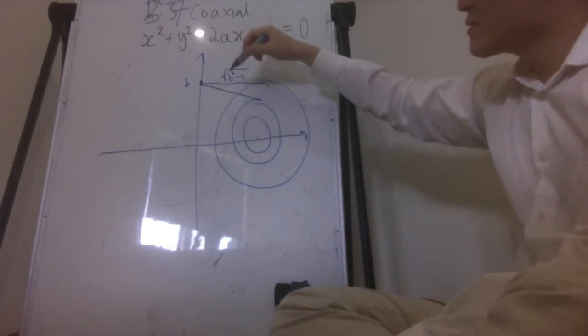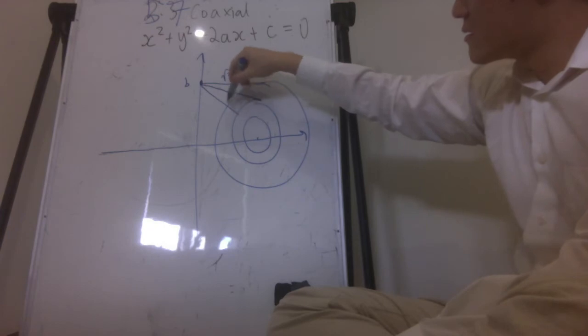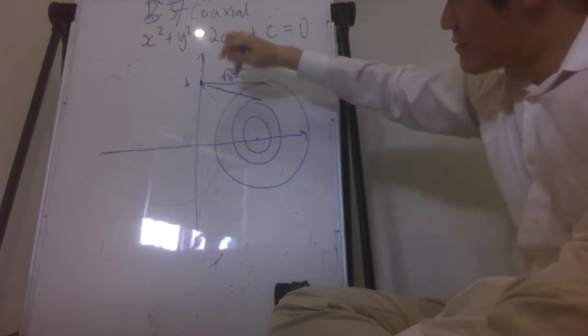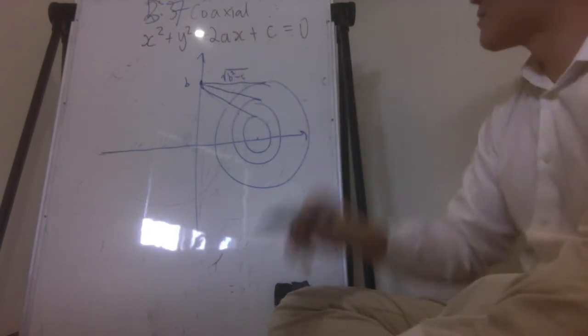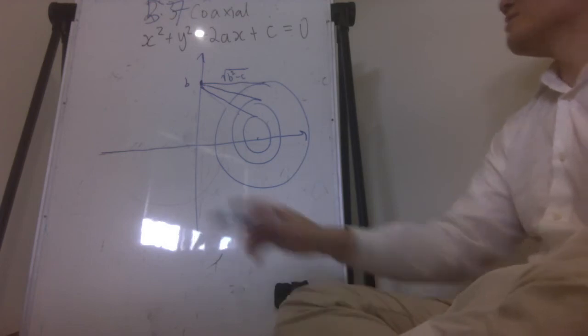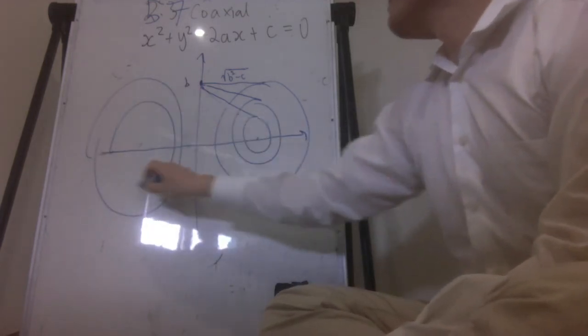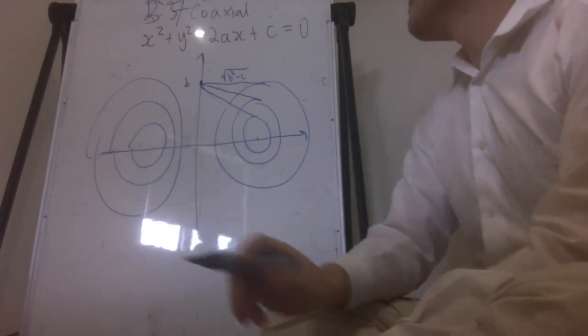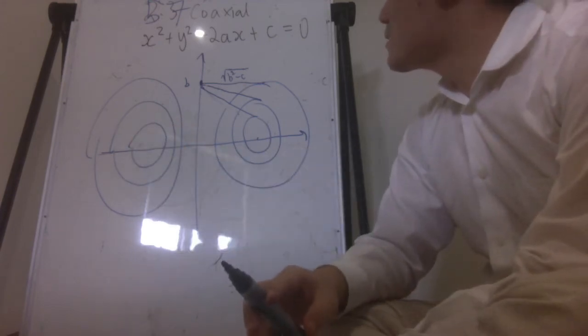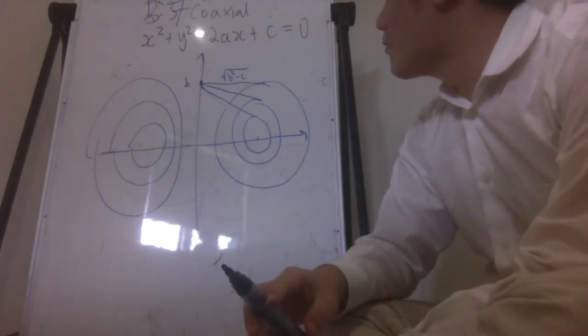Wait, how do you get up to the top of it, the point on the y-axis? It can't be tangent if it's coming from within the circle.